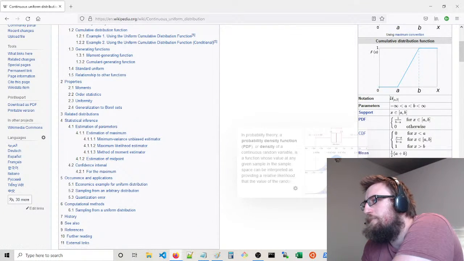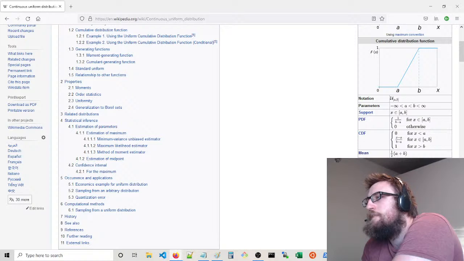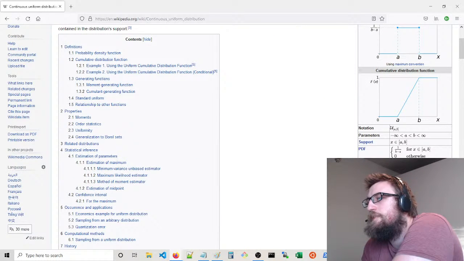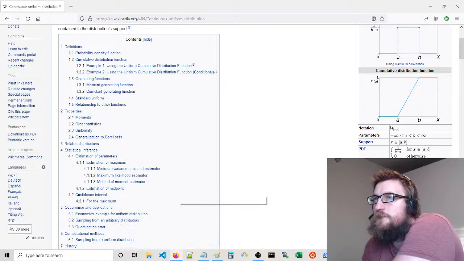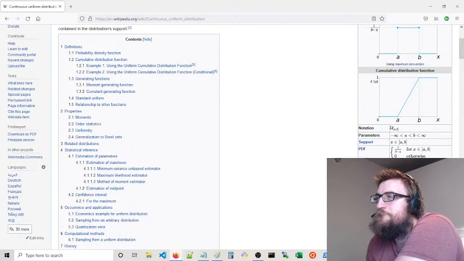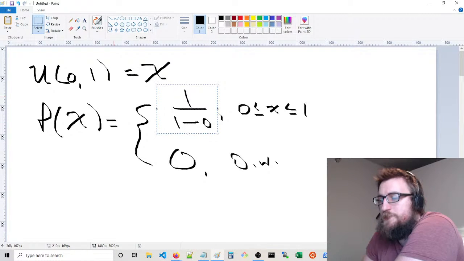Probability density function, yeah. But if it's just 1, I'm so confused.